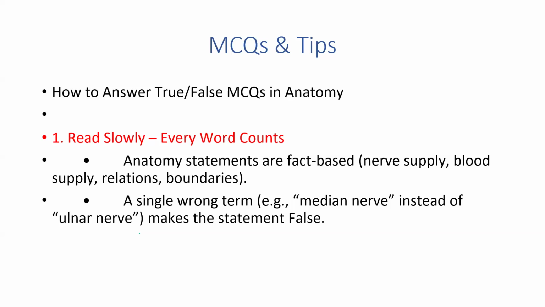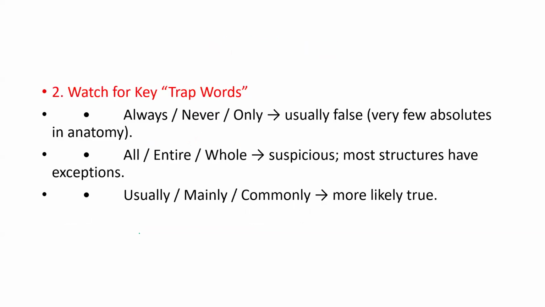So definitely that is false. If there is a single wrong term, the statement is completely false, even if half of the statement is correct. So remember that one. Okay.